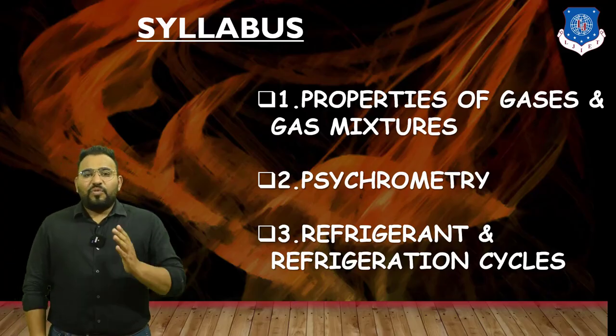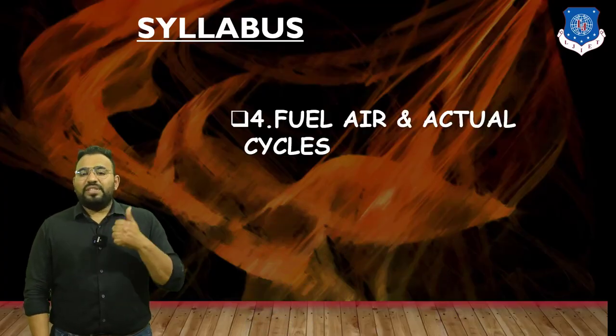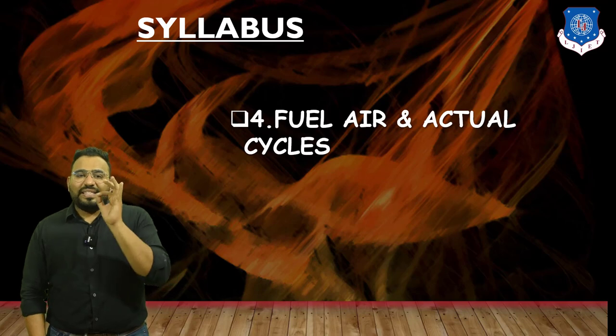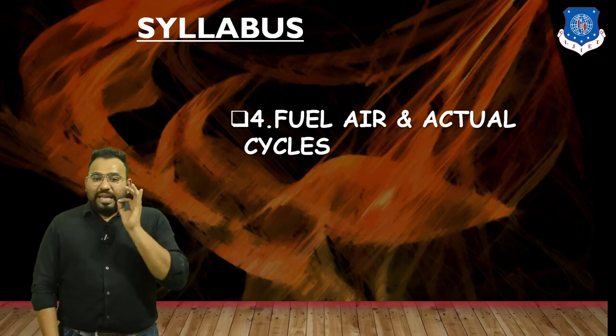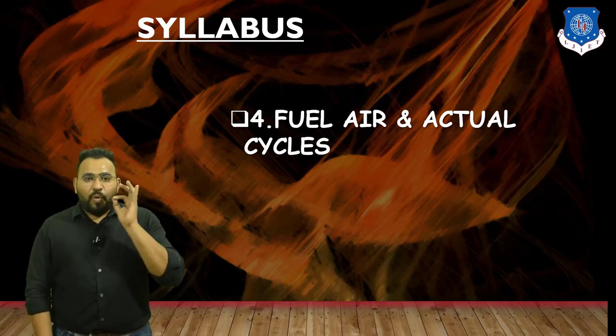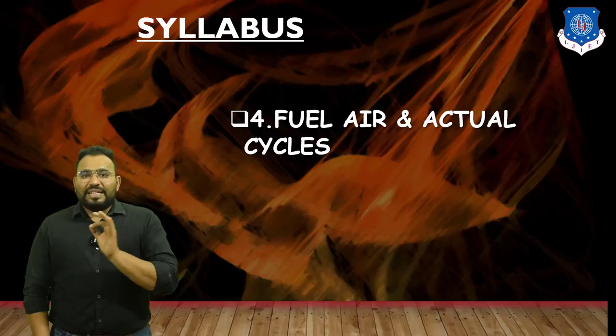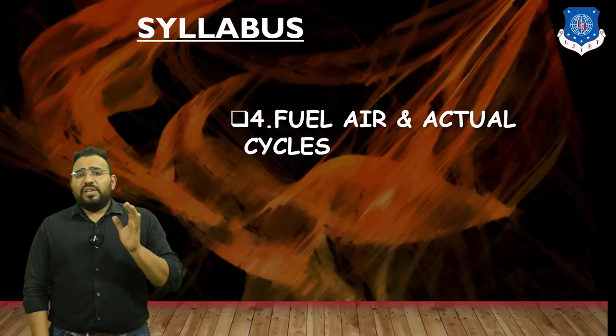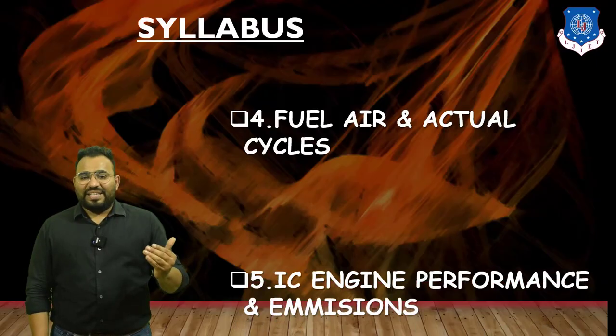Now let's move further. The next chapter, chapter number 4, is fuel air and actual cycles. This is part of IC engines. In this chapter you will learn about the Otto cycle, diesel cycle, dual cycle, and a comparison of these cycles.